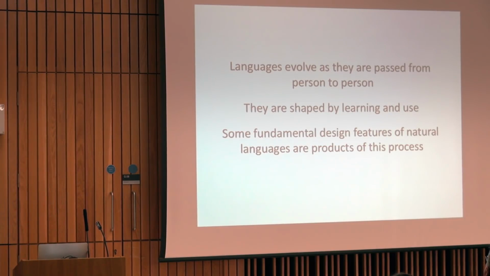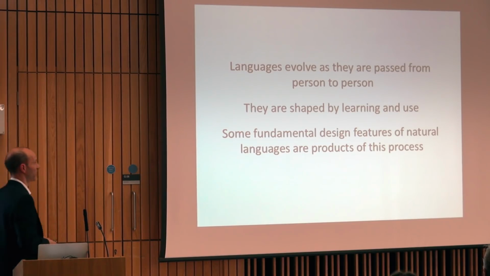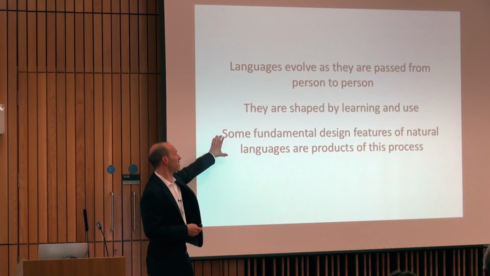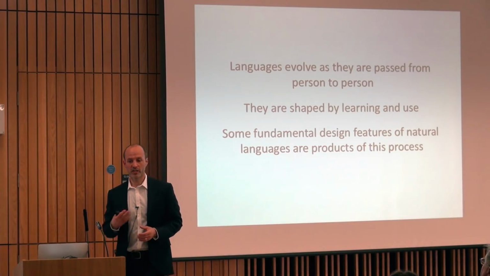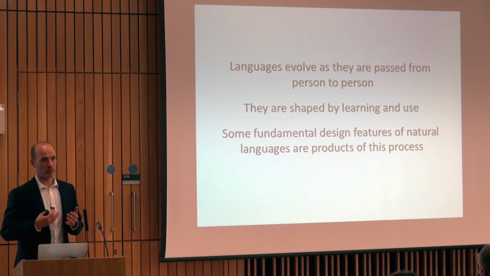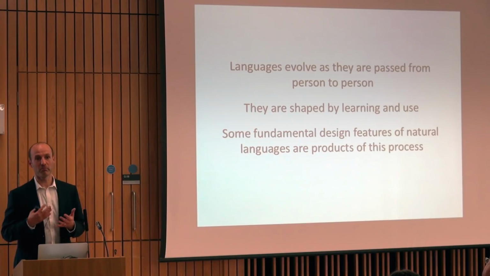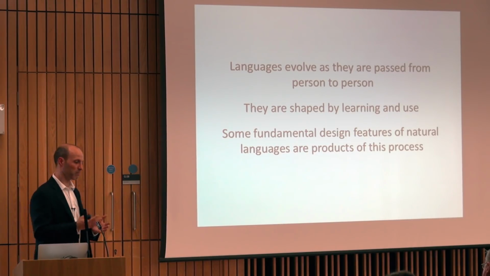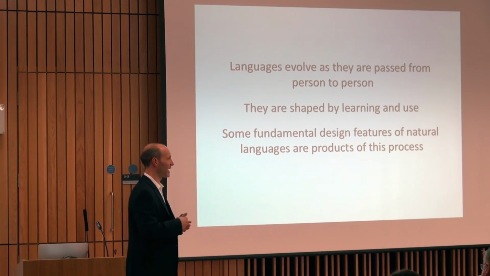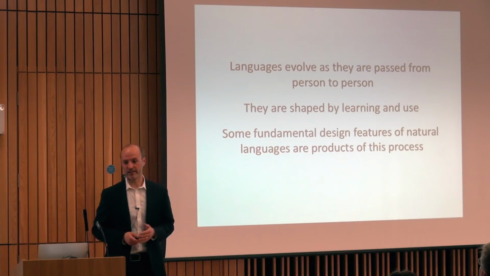So just to summarize part 2, the idea is that languages evolve as they're passed from person to person, and they're shaped by the processes of learning and use. And we think that some fundamental design features of natural language can be explained as a product simply of this iterated learning process, simply as a consequence of languages being repeatedly learned and used.